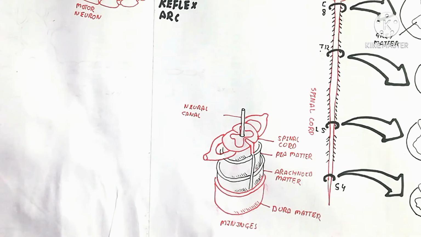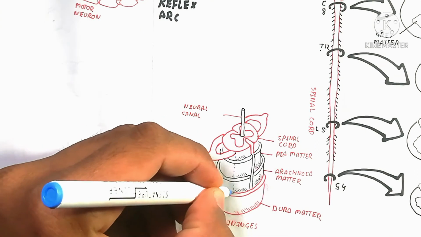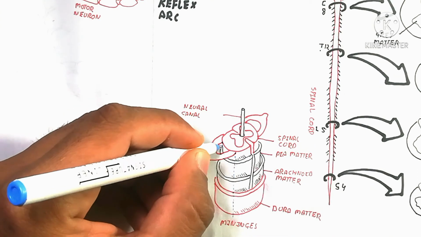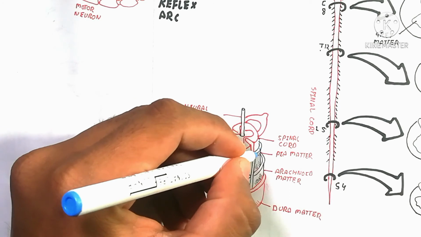And on the other hand, here is the neural canal, which comes from the brain and also carries the cerebrospinal fluid.